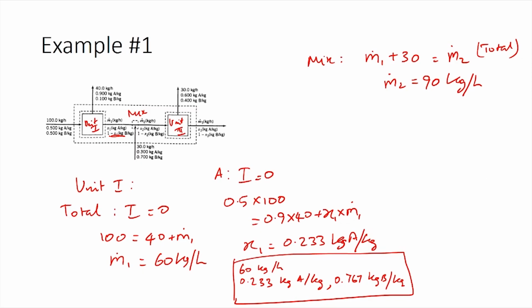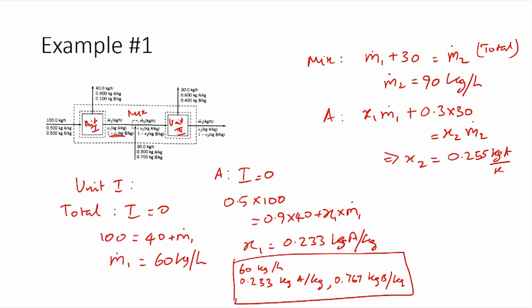We can again write a component balance for A across the mixing point as x1 M1 dot plus 0.3 times 30 equals x2 M2 dot. Solving this equation, we can get x2 as 0.255 kilograms of A per kilogram of the mixture.